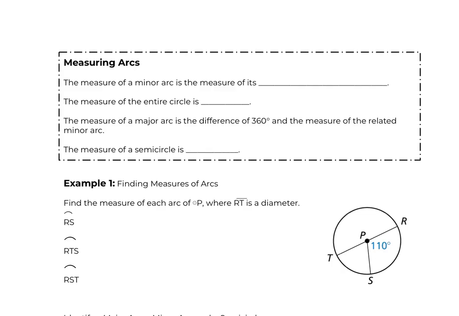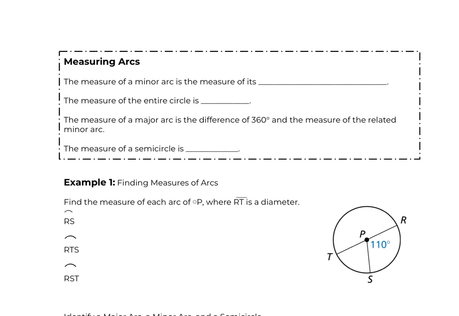Okay, inside this box, this is kind of what we just talked about. This puts all the information together. The measure of a minor arc is also the measure of its central angle. So the measure of the angle on the inside of that circle at the center is also the measure of the arc outside of it. What we just said was an entire circle is 360 degrees every time.